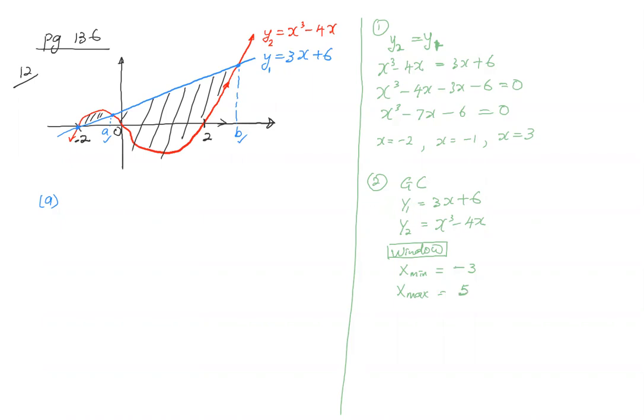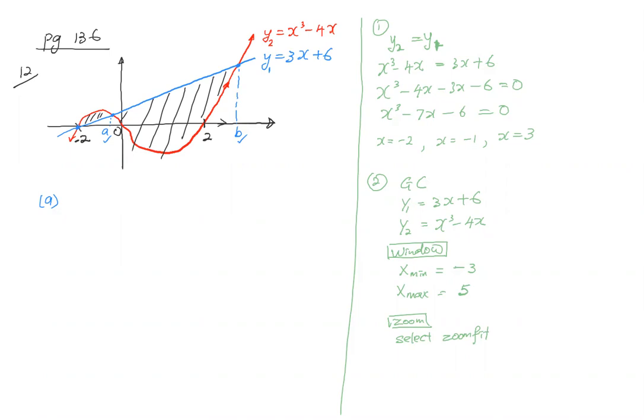Then next step, I have to go to zoom. It's good to learn this way, but for this case, it will be slower. I select zoom fit. I got the graph, correct?